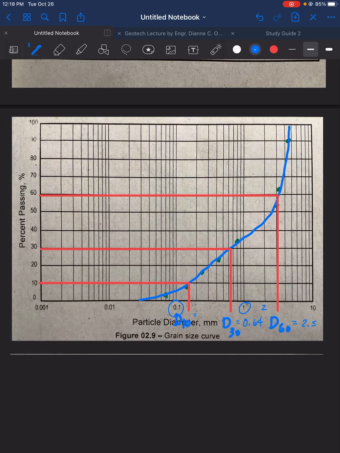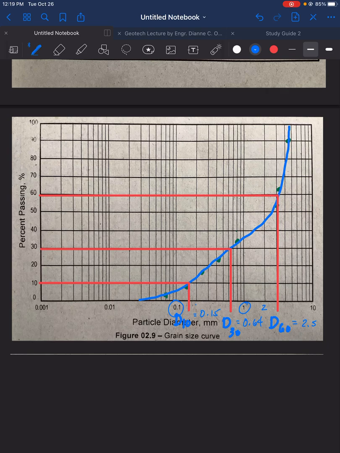Then for D10, this is D10 here. This is 0.1, and if this is 0.2, therefore it is in between 0.1 and 0.2. Let's say we have there 0.15. Okay, so these are approximated values based on our sketch on the logarithmic graph.